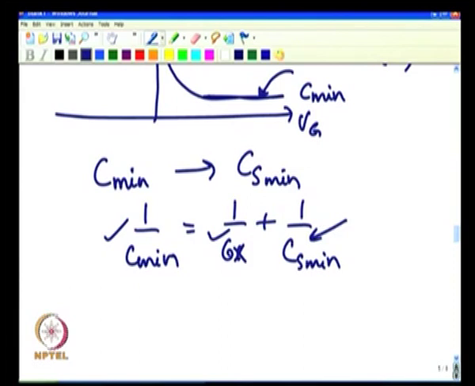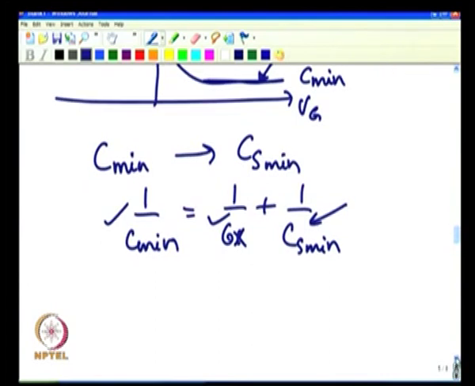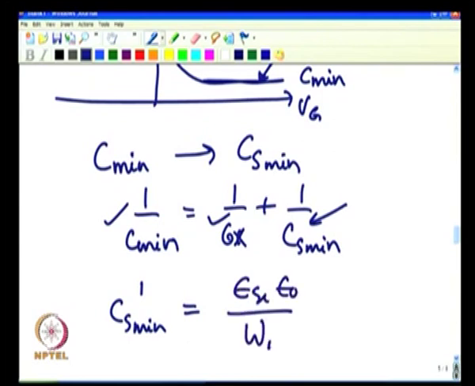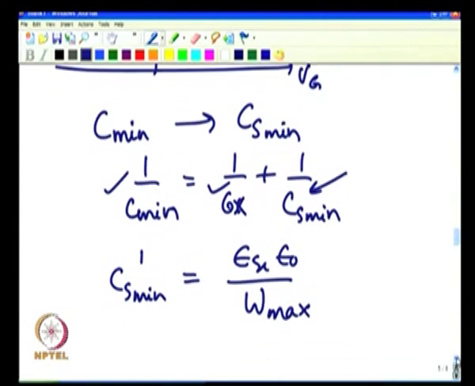So, divide it by area and you get the per unit area capacitance, which let me call CS min prime, which is essentially epsilon silicon epsilon naught divided by W max, where W max is the maximum depletion width, correct. So, now this is known anyway, and you can extract what is maximum depletion width.